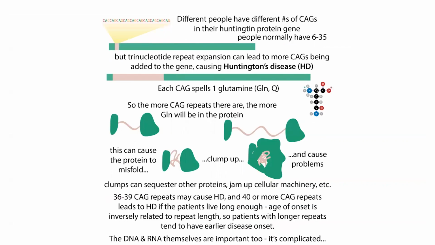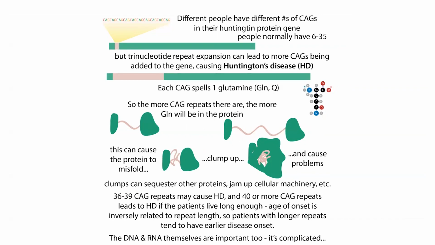Also, because those aggregates can form those bonds with other proteins as well, they can pull in the healthy versions of the Huntington protein, as well as other proteins. You can get these longer aggregates that clump up and are insoluble, as well as smaller aggregates, like only a single copy of the protein, or maybe just even part of the protein, that are soluble.